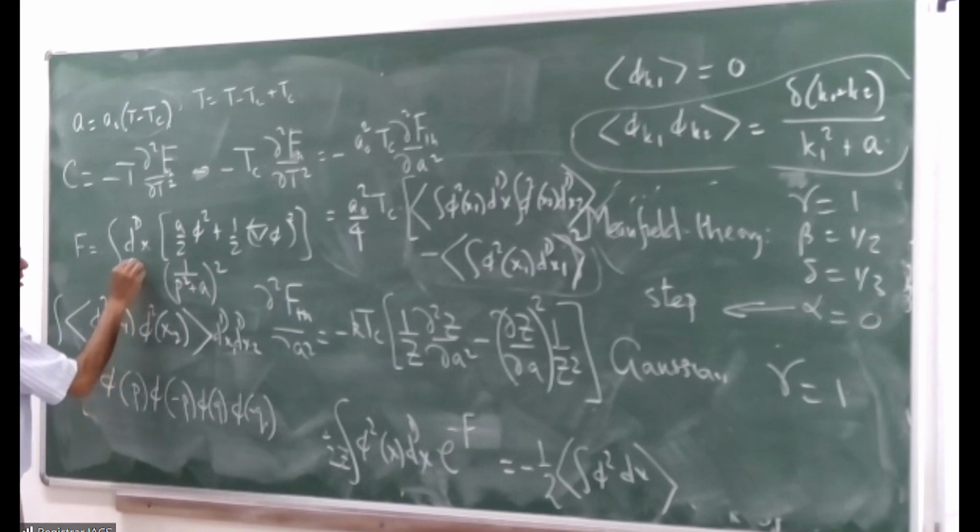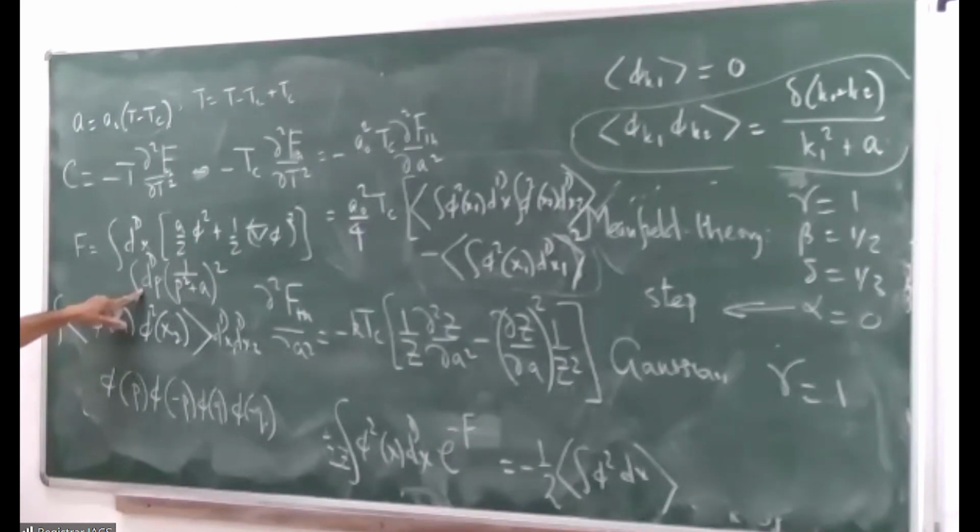You can give it a try, or else we'll go over it next time, that I would be ending up with an integral which looks like there is a dd over all momenta, and it would be 1 over p square plus a, whole squared. So the specific heat in the Gaussian case is non-trivial.